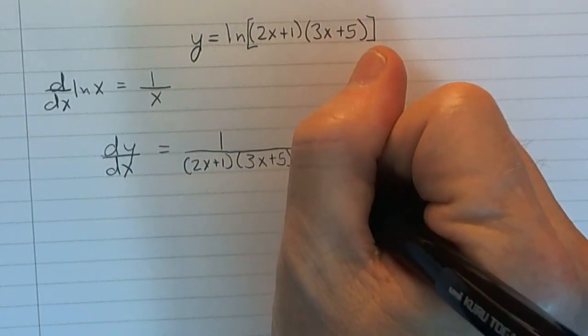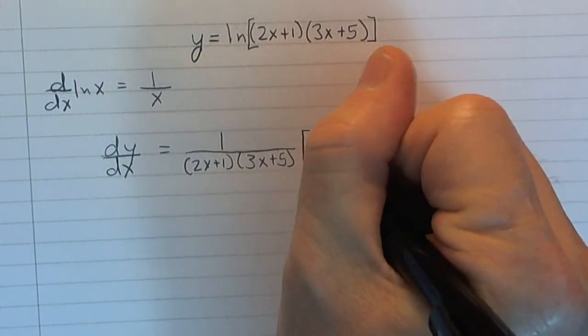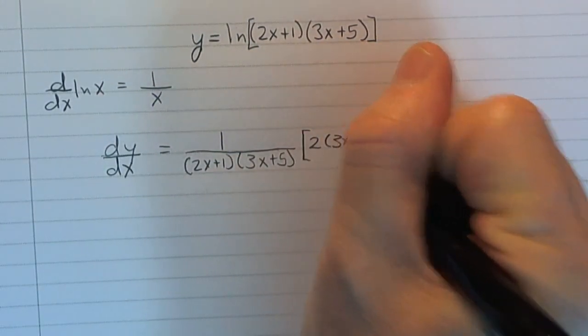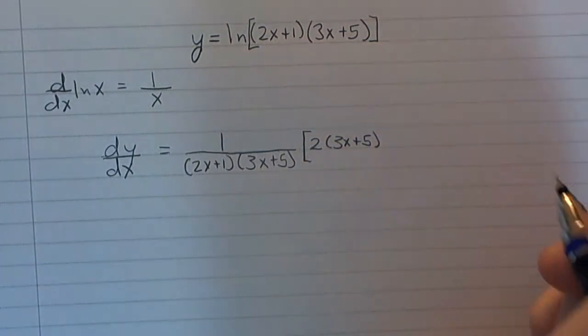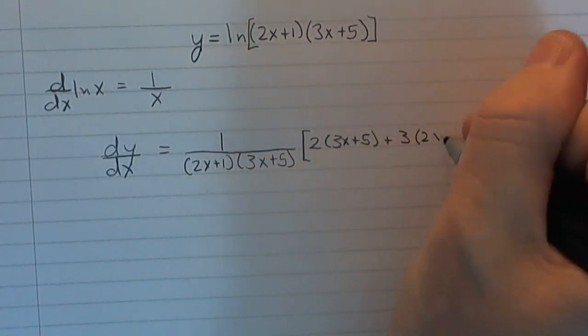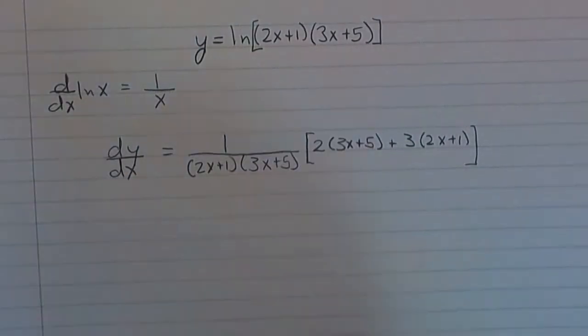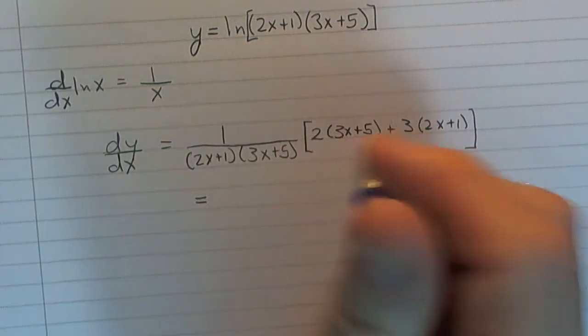Well, that is going to require the product rule. So I've got the derivative of the first times the second, plus the derivative of the second times the first. And then I go through and I simplify it if I can.